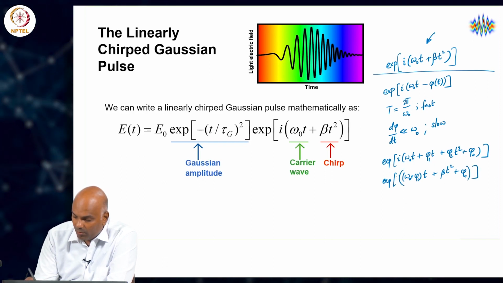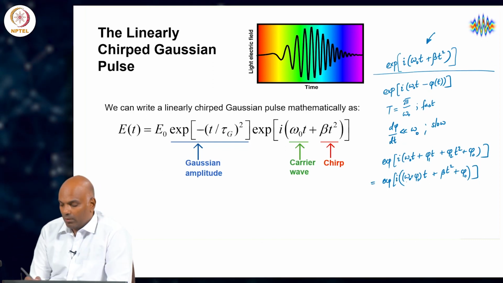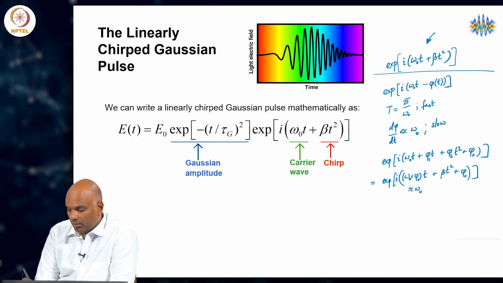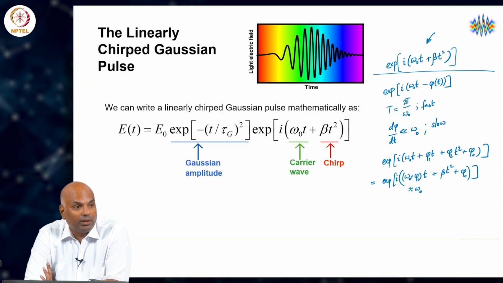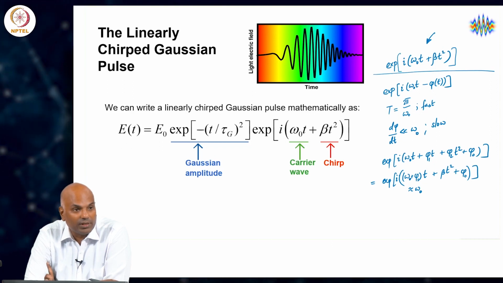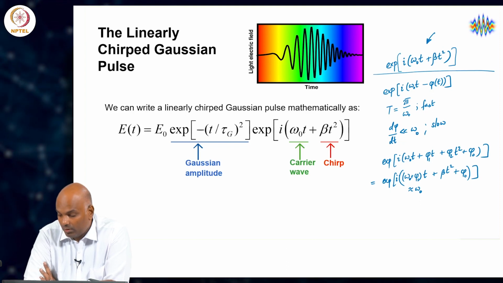Let me get all my brackets right, but this is approximately omega naught because any variation in d phi by dt we said is much slower than omega naught.